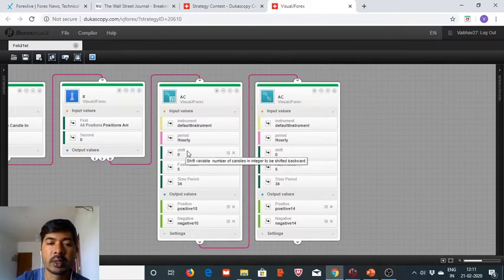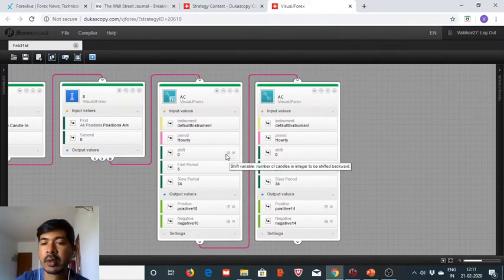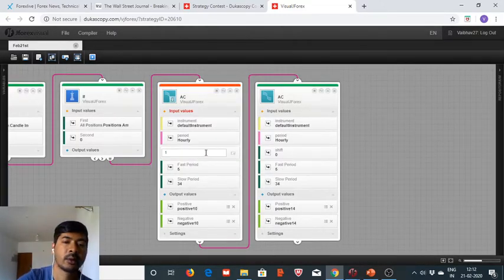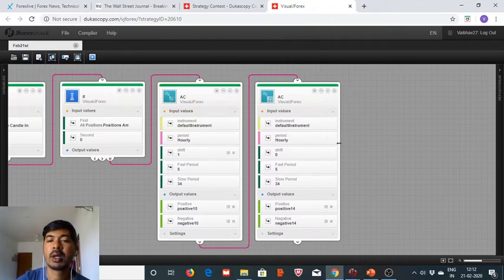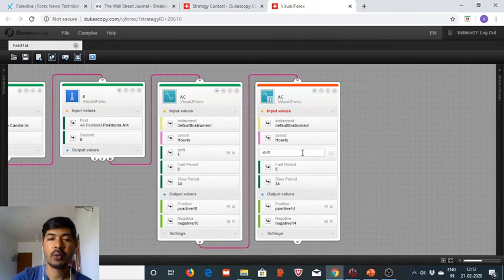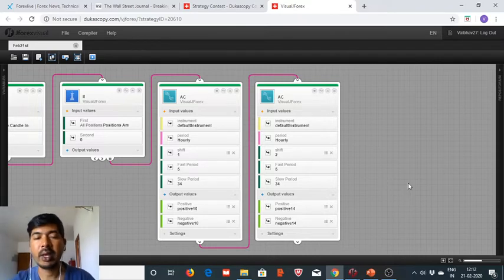This shift means the look back period. So here it is 1 and 2, and with that we are all set.